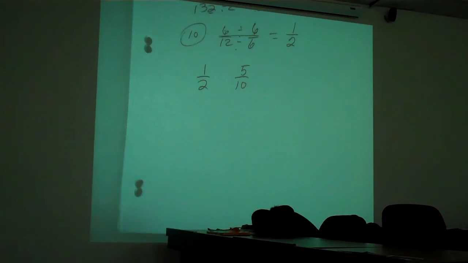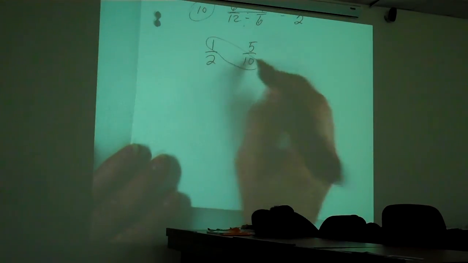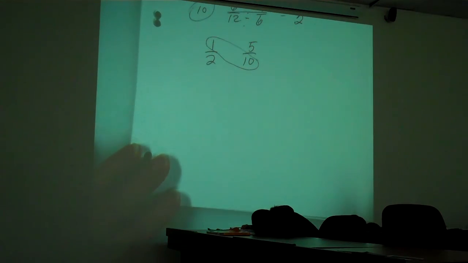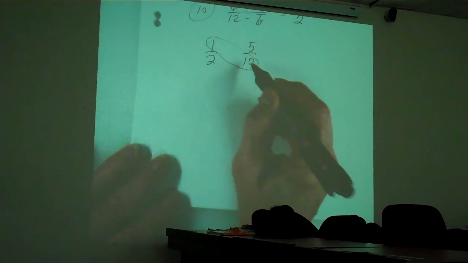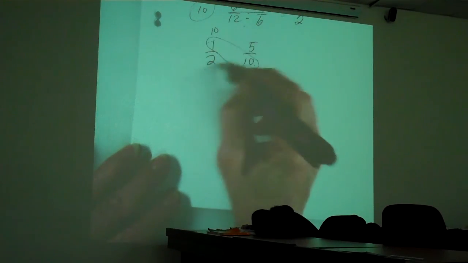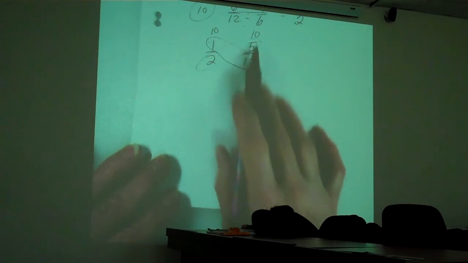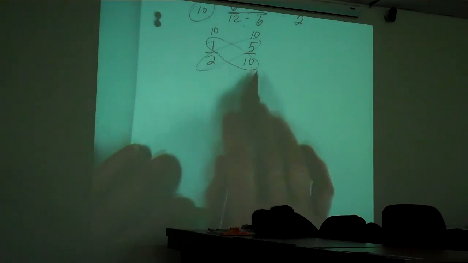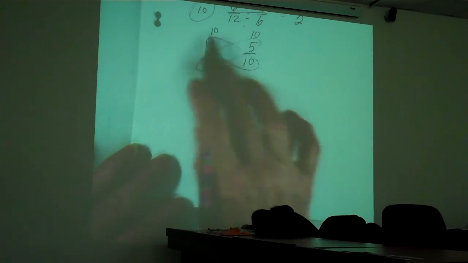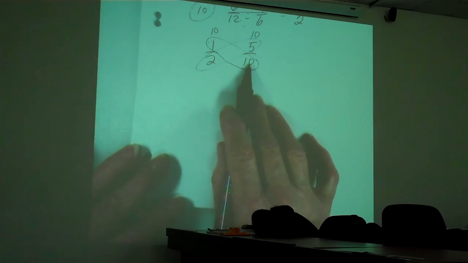When they are equal, if you multiply, it's called cross products. If you multiply across, 10 times 1 is 10, 2 times 5 is 10. Their cross products will be equal. So you can multiply across, and if you get the same number, you know that the fractions are equal.